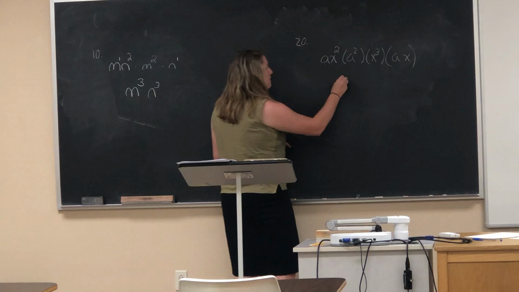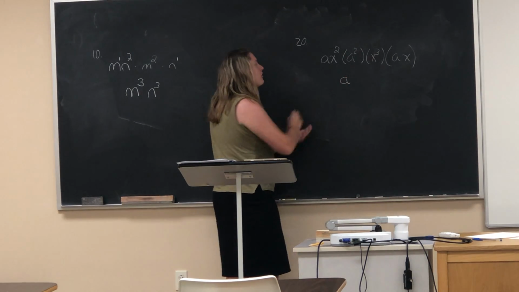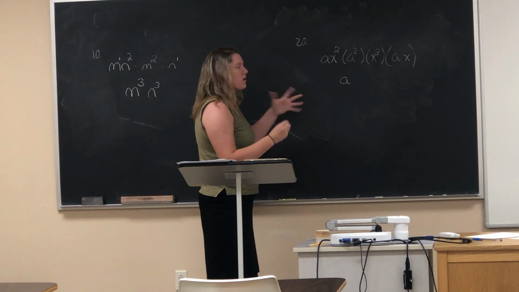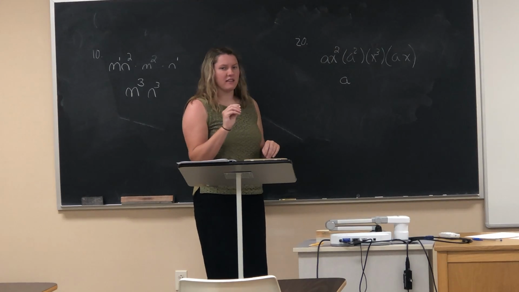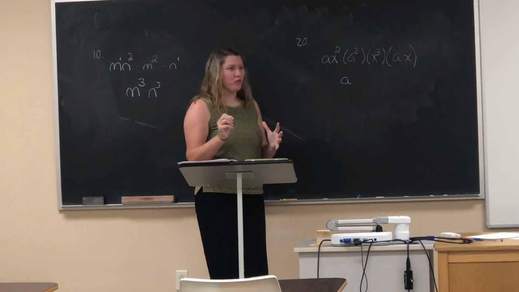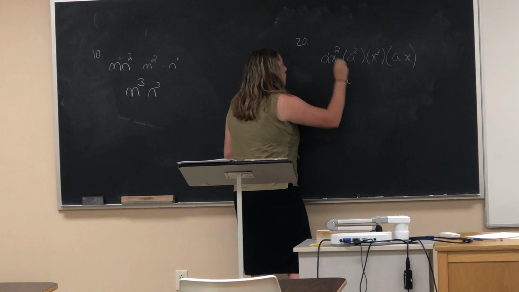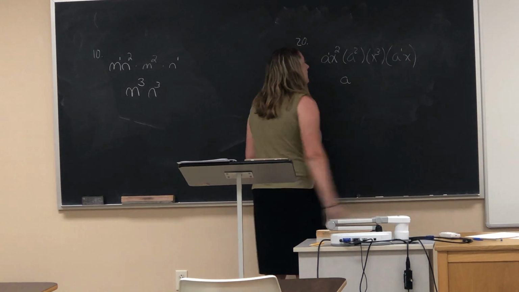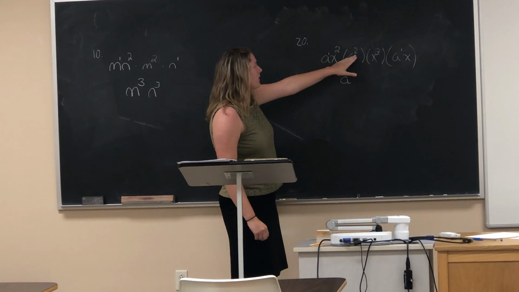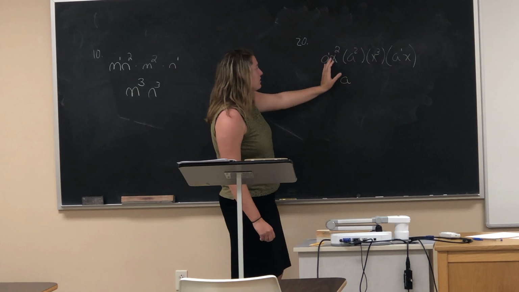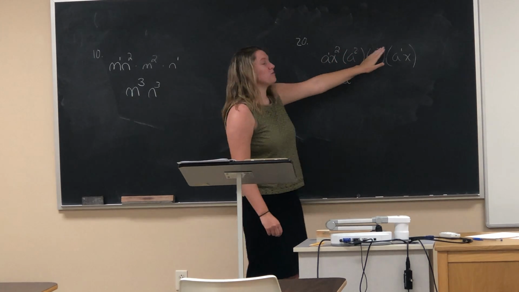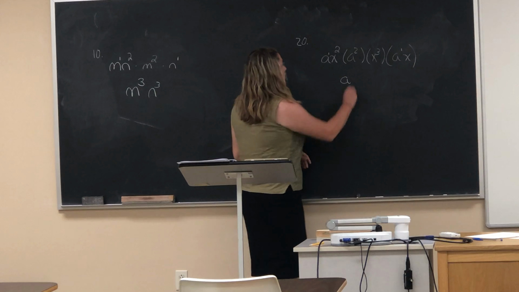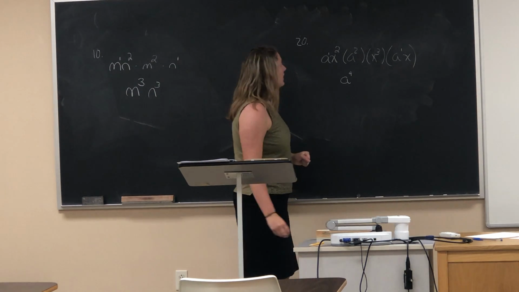So I'm going to go ahead and bring my A down here. And everywhere I don't have a number, I don't have an exponent, I want to just write that understood 1 so we don't lose it when we start adding. So I'm going to put my 1 here and my 1 here. So now we're just going 1 plus 2 class, 1 plus 2 class, 3 plus 1 equals 4. 4. And then we are done with those.